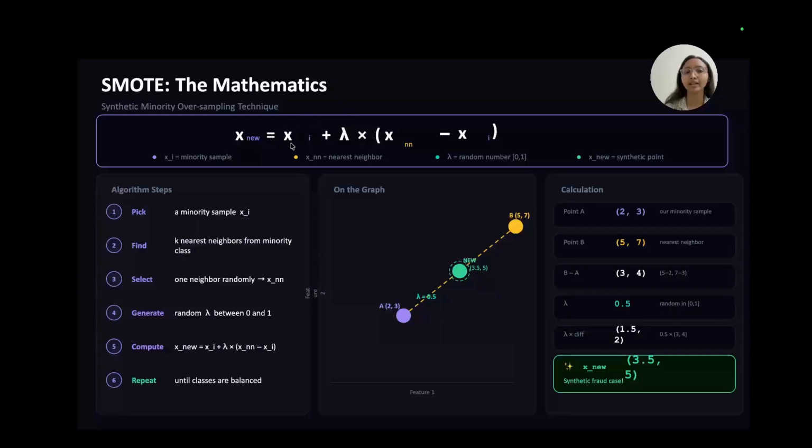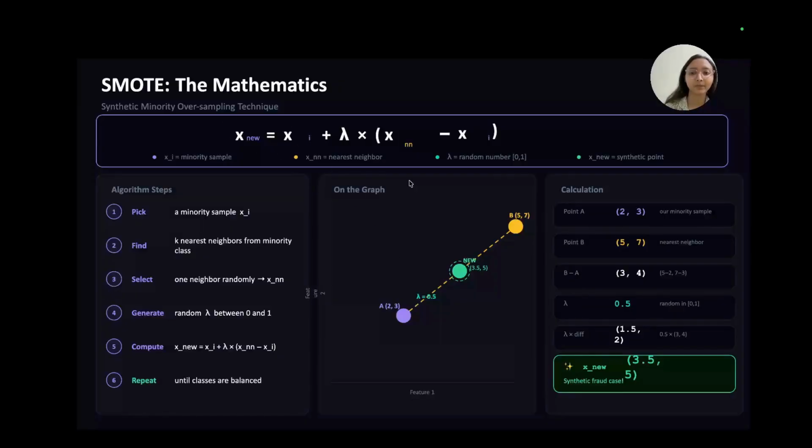And if we are adding xi like A, then we will start from A and cover 30% of this path. And at the end of that 30%, the end point will be our next generated new sample. We will repeat this until we achieve balance between both the classes. That's how the backend works in the SMOTE technique.